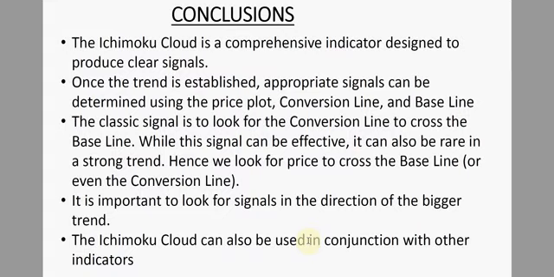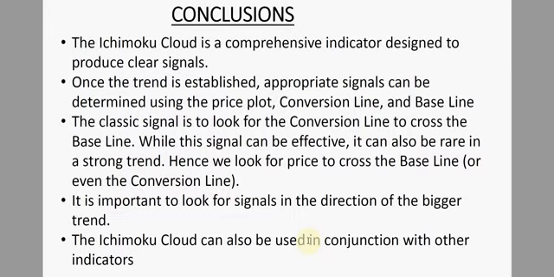So in conclusion, guys, the Ichimoku cloud is a comprehensive indicator designed to produce clear signals. It is one of those indicators that keep traders very disciplined. You only look for buy opportunities above the cloud, sell opportunities below the cloud. So once you establish the trend, then you go along the trend.